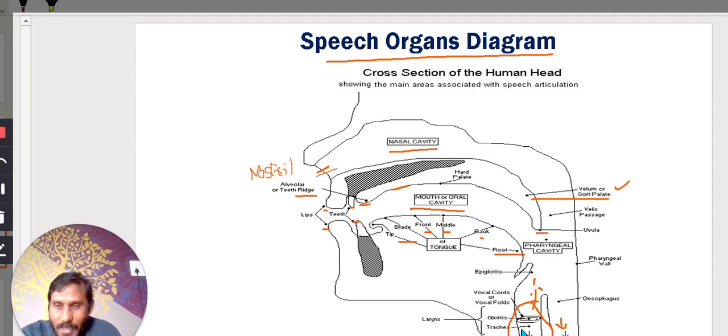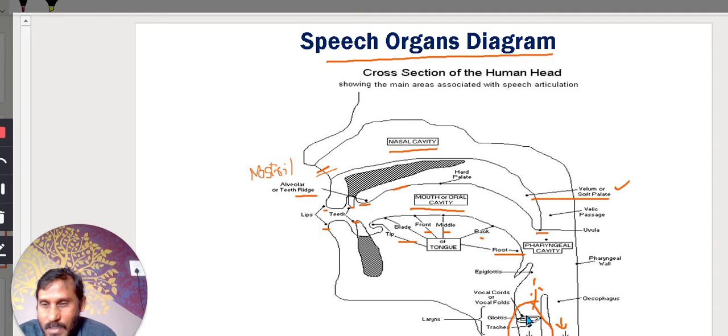The pulmonic air, the air coming from the lungs, when it escapes, depending on how different parts of the mouth move, different kinds of consonants or vowels are produced. These are the vocal cords within the glottis. Within the glottis there are vocal folds. They vibrate, they move a little further. Depending on the vibration, the sounds may be voiced or voiceless.